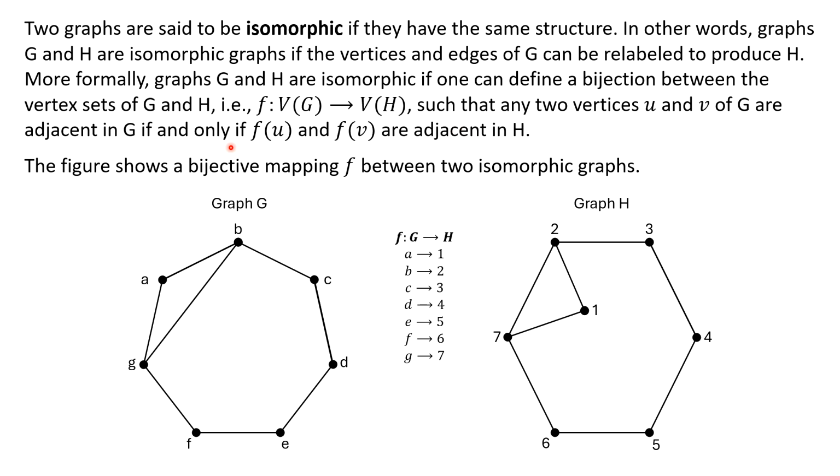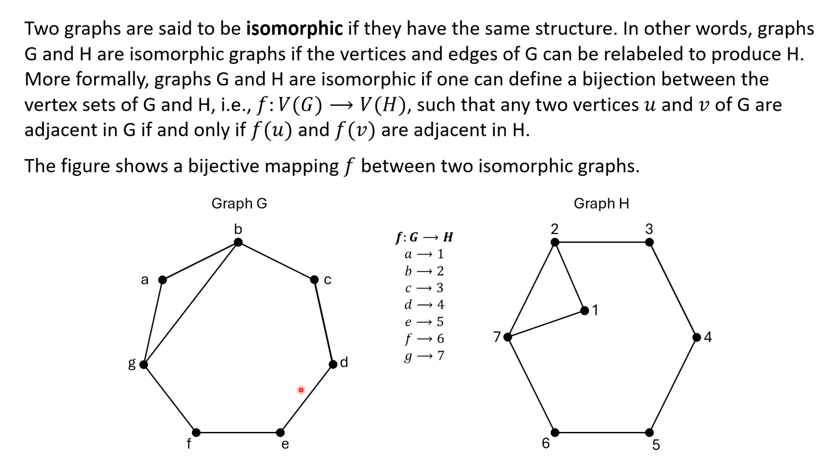So I have an example to maybe clarify that a little bit. Here's our G and here's our H, and we want to do this bijection. So you see here I have the vertex by vertex mapping. So we map A to 1, and you can see what I've done here. I've just flipped this to the other side of the line, and everything else is pretty similar. B gets mapped to 2, C to 3, D to 4, E to 5, F to 6, and G to 7.